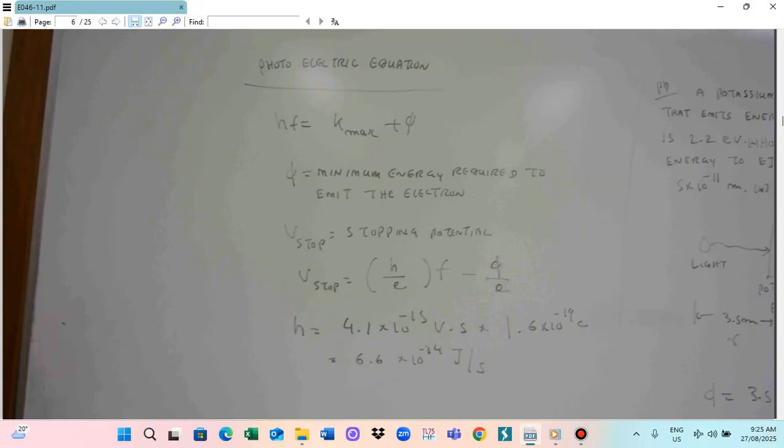In this case, h is the Planck constant, f is the frequency, K is the maximum kinetic energy, and phi is the minimum energy required to emit the electron.